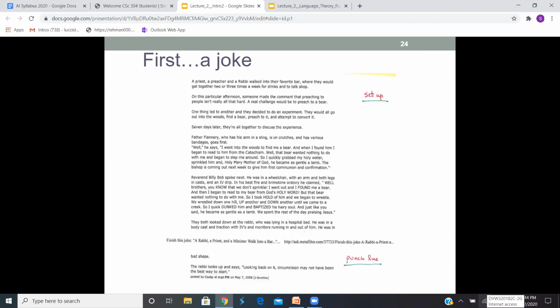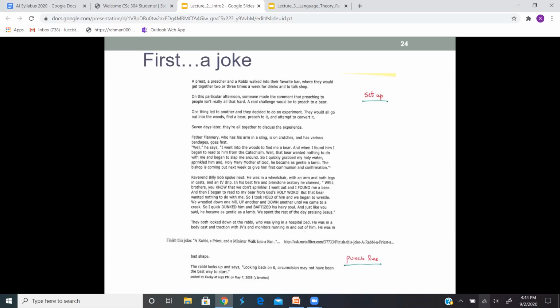On this afternoon, one of the 3 makes the comment, preaching to people isn't really all that hard. A real challenge would be if we could take a bear and try to give it religion. One thing led to another. They're chatting over the beers together.